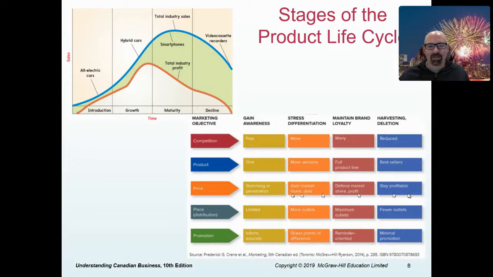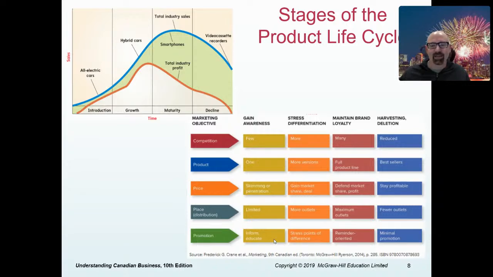With price, in the awareness section, we want to gain market penetration or potentially market skim, depending on where we stand. We have limited distribution, and we want to inform and educate about our new product. Informing and educating is always difficult. It always is difficult if you're coming out with something so different that you've got to spend all your time educating. That makes for really tough sales.